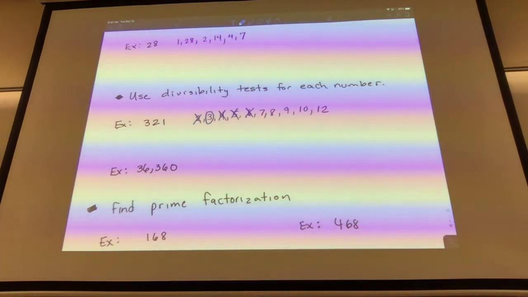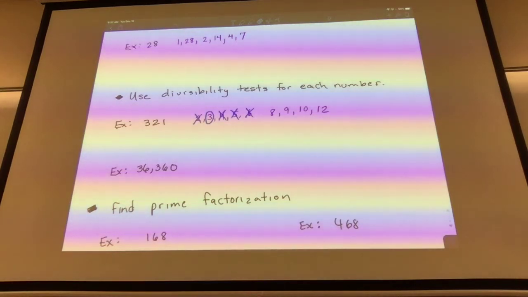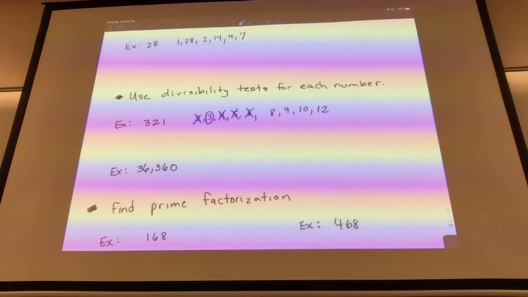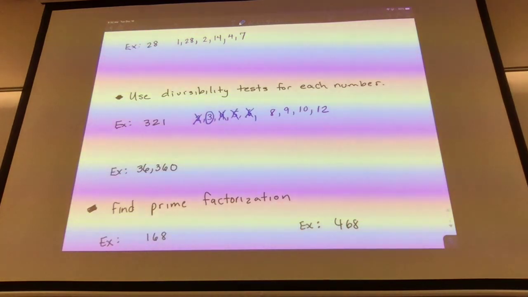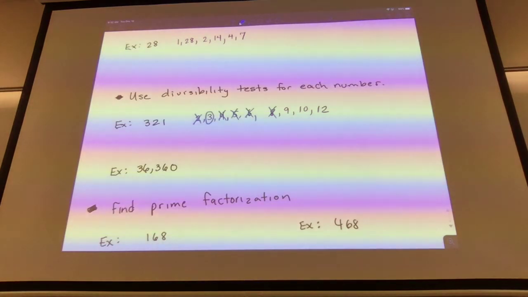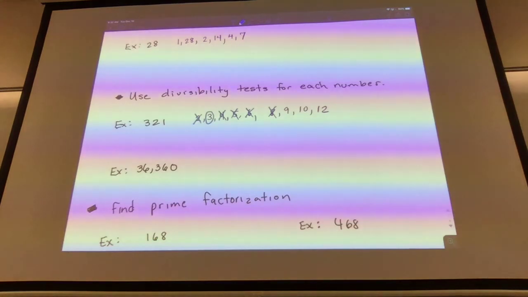I skipped out. I added 7. 7 was the one that we did. So we'll go to 8. 8 says the last 3 digits must be divisible by 8. So 321 does not divide by 8 evenly. 9, for the divisibility rule for 9, the sum of all the digits, so we add them up again, 3 plus 2 plus 1 is 6.